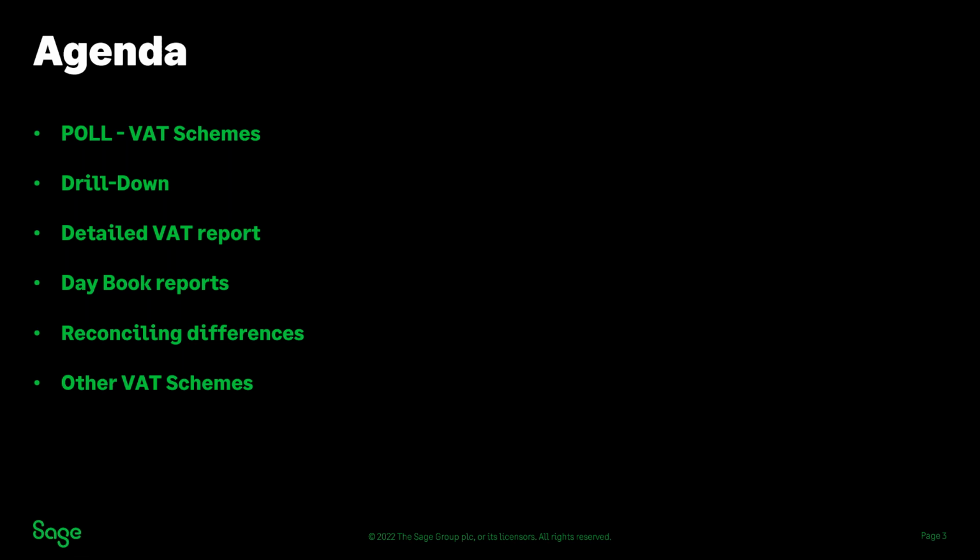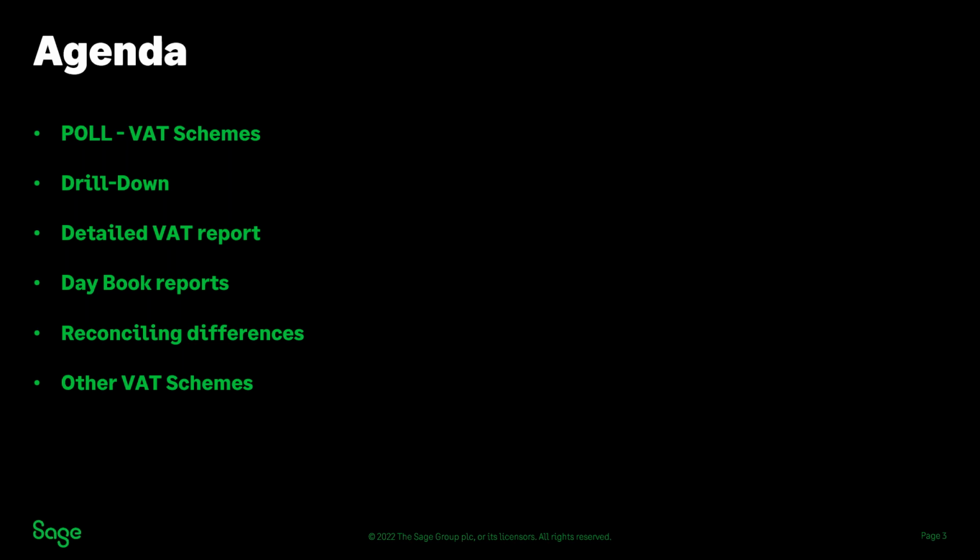So let's look at what we're going to be covering this afternoon. I'm shortly going to run a quick poll, just to see which VAT schemes you're all using. I'll then take a look at the drill down feature with you in the VAT return and how to run your detailed VAT report.